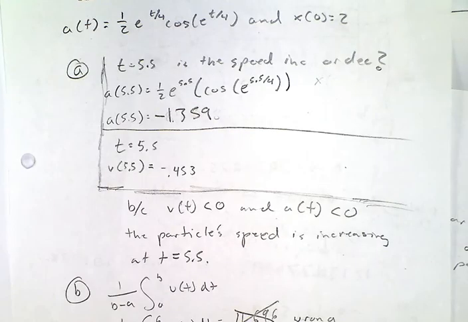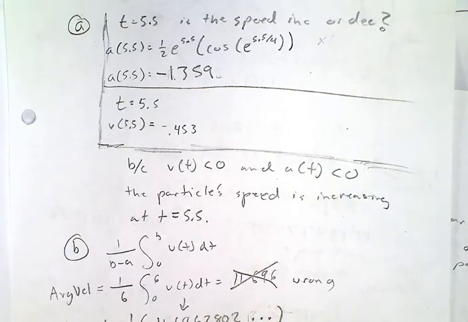You have to use calculus. You have to state something about the velocity or something about the acceleration. Because the velocity is less than 0 and the acceleration is less than 0, the particle speed is increasing at t equals 5.5. That's what you would write down. And I encourage you to write that down as well today, because you're going to have to do it tonight. Okay?